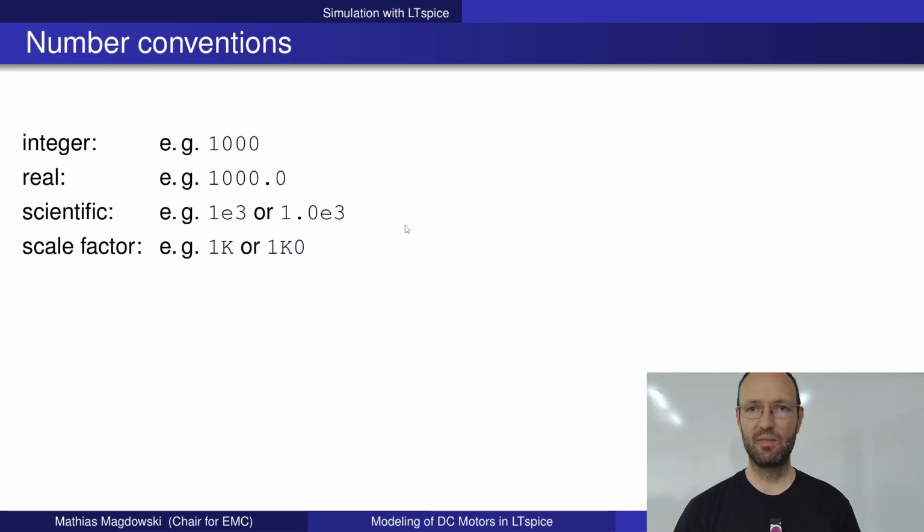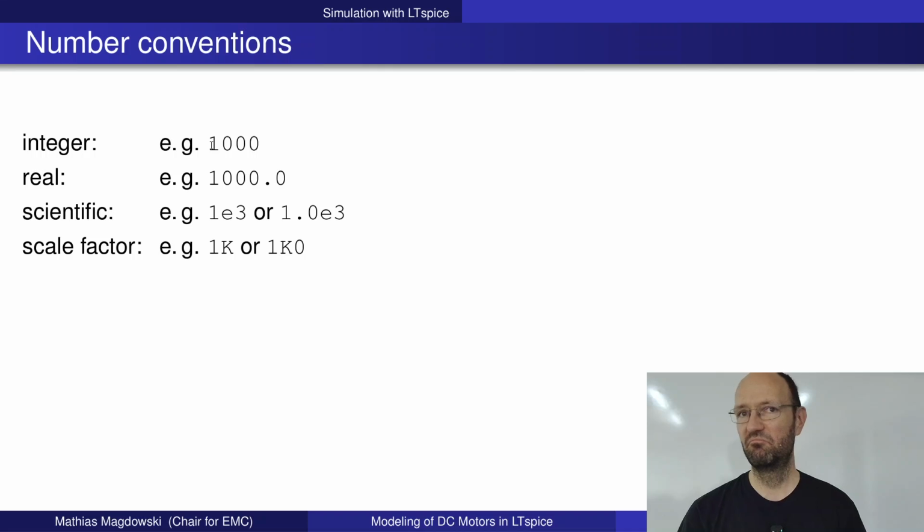Then maybe some quick rules for the software. If you want to give numbers into the software, for example, to say how large a resistor or an inductor is, you can use integer numbers. So if we have a 1 kilo ohm resistor, with 1000 ohm, you can say 1000, which is of course 1000 ohm.